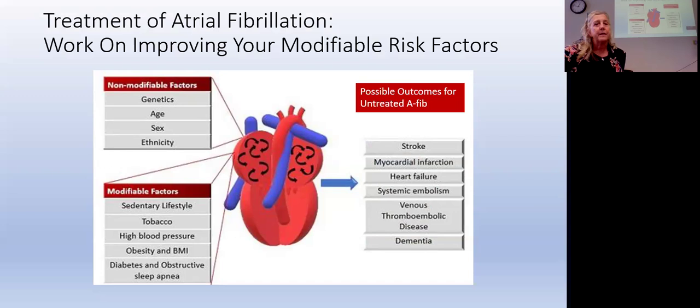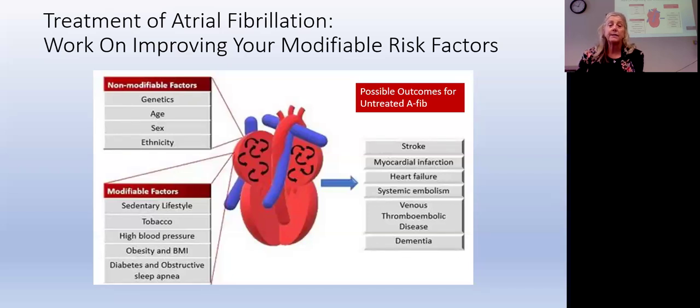Yeah. So another treatment for atrial fibrillation that I talked about briefly, but is so important, is to work on improving the risk factors that you can change. So you can't change genetics, your age, male or female, ethnicity, but you can change your sedentary lifestyle.